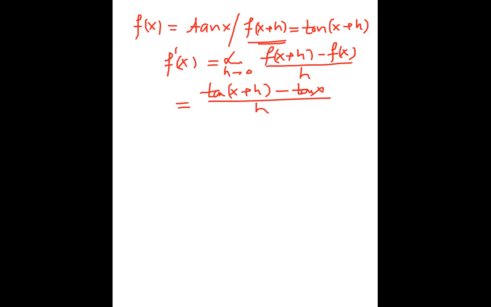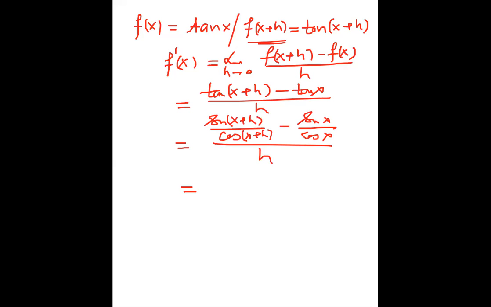Now tan x can be written as sin x upon cos x. So sin(x+h) upon cos(x+h) minus sin x upon cos x, whole upon h.